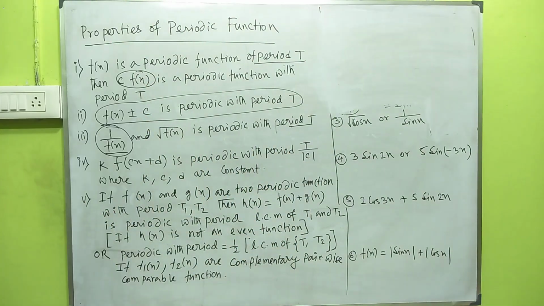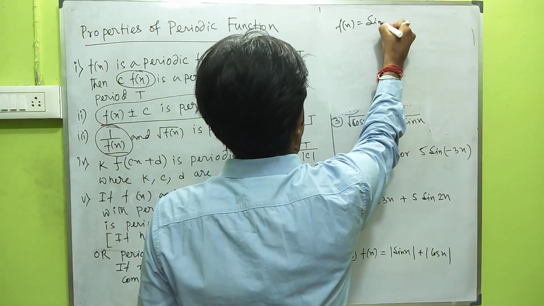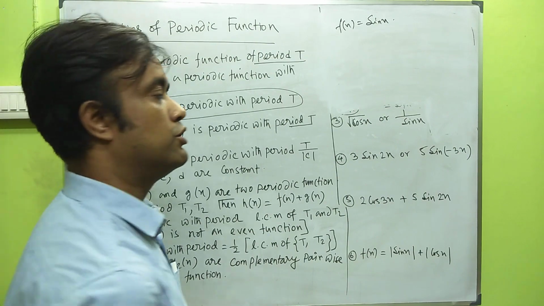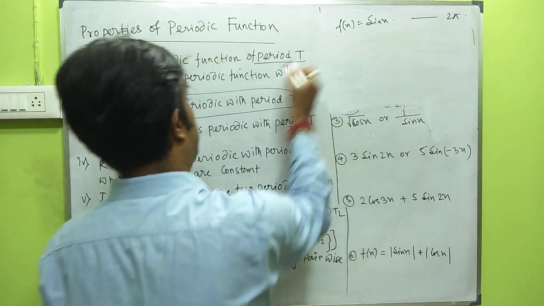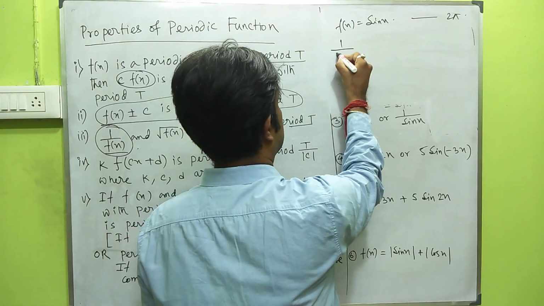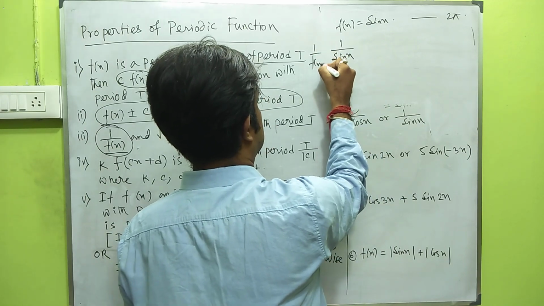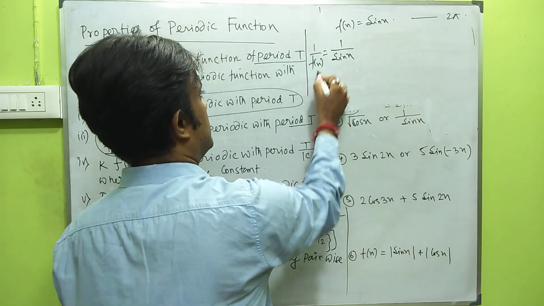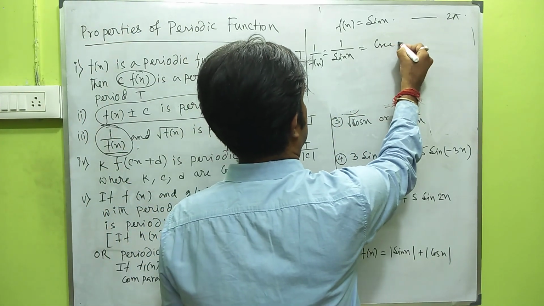Suppose f of x is equal to sin x, we know that the period of this function is 2 pi. Now compare with this third point, 1 by sin x, that is 1 by f of x. 1 by f of x is equal to 1 by sin x, which is cosec x.